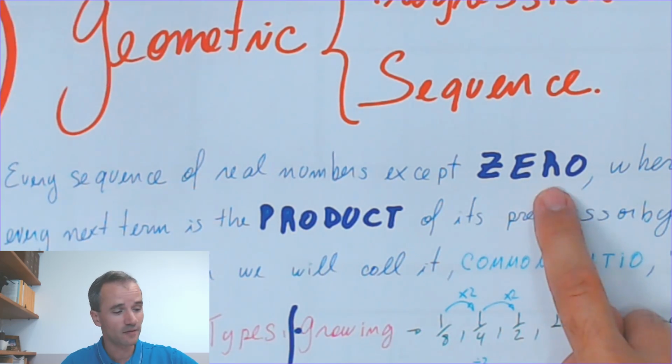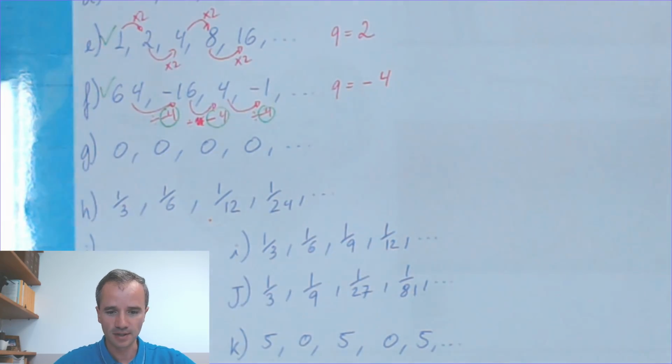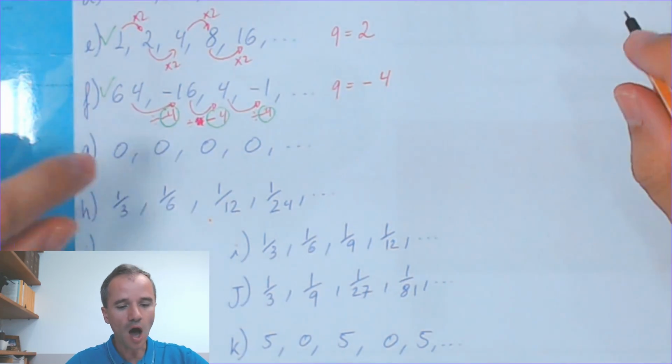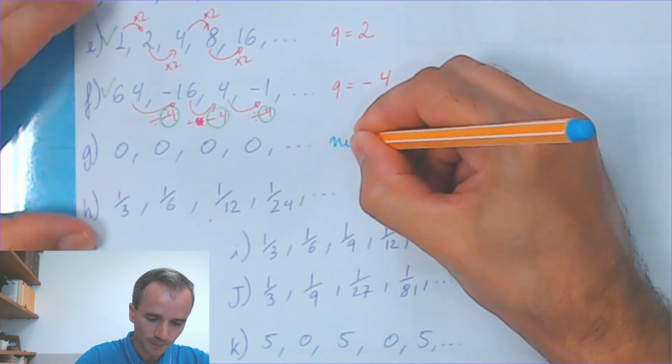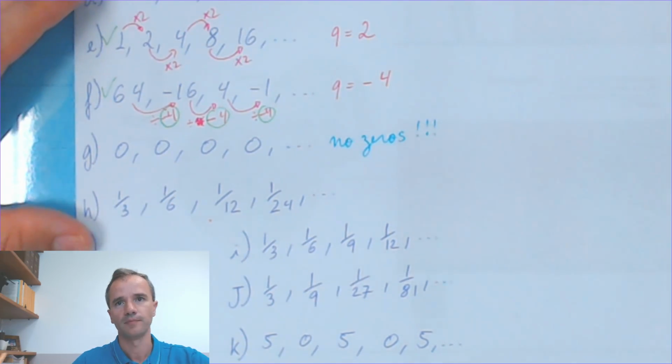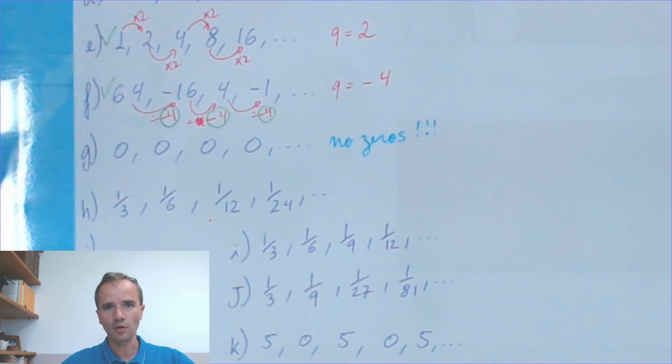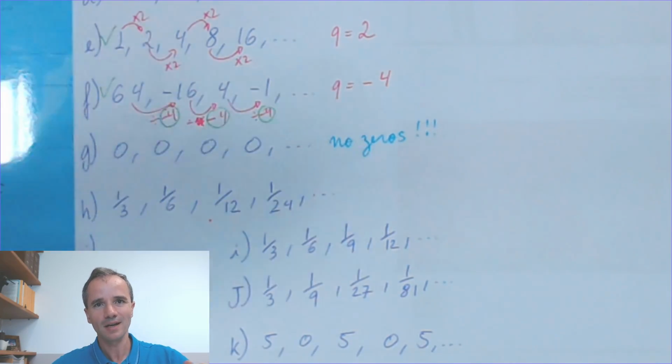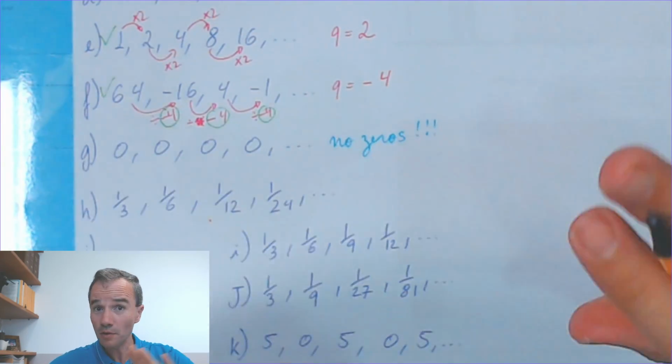We cannot have 0 in our sequence. Therefore, this is no way, no zeros. It's not going. We can't even start with 0, it can't be there.